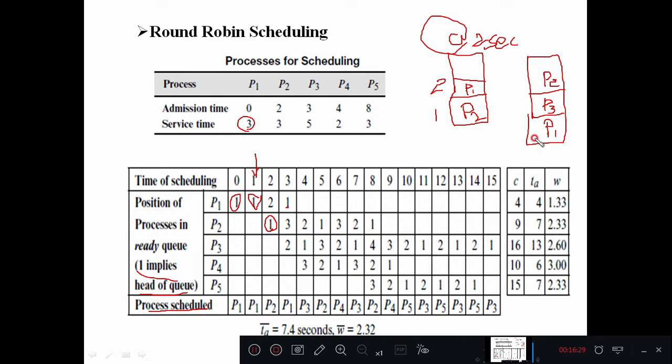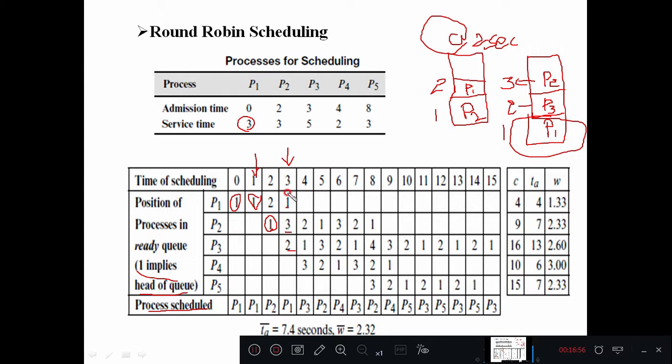So now how are we going to number these processes? This is at the head of the queue, so it is numbered as 1. P3 is numbered as 2, then P2 is numbered as 3, right? So you can see in the table, at the 3rd second, P1 is numbered as 1, P3 is numbered as 2, and P2 is numbered as 3.